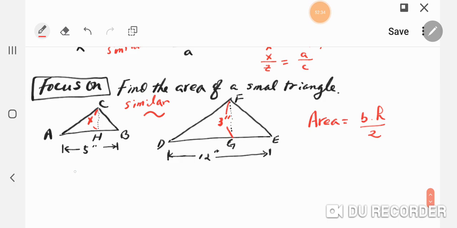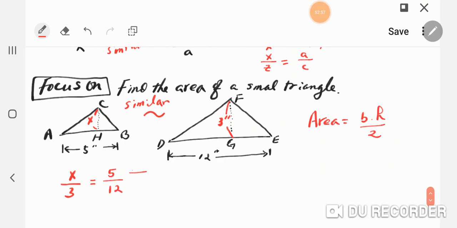So x, the height of the smaller triangle, to the height of the larger triangle, which is 3 inches, is equal to the base of the smaller triangle to the base of the larger triangle.